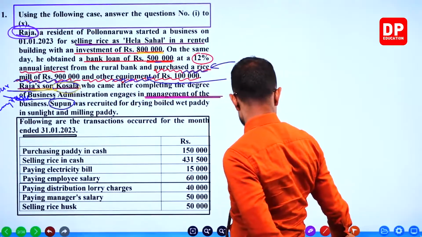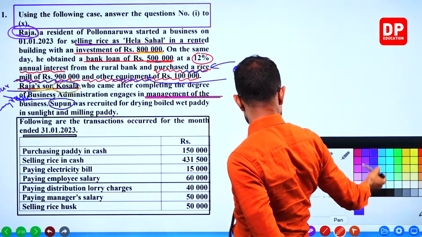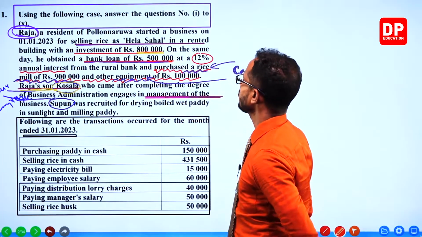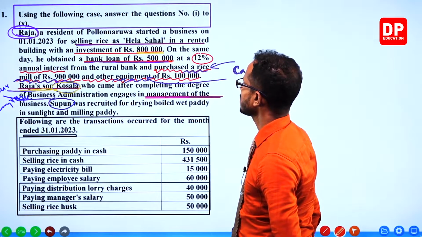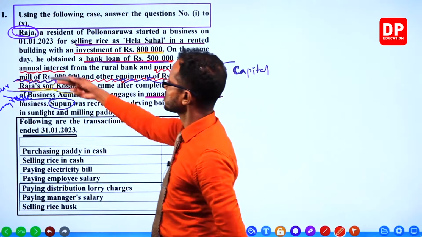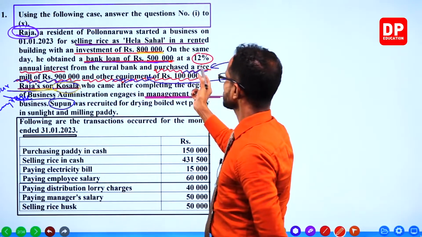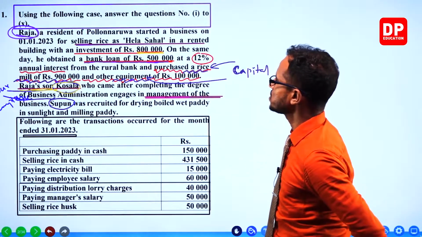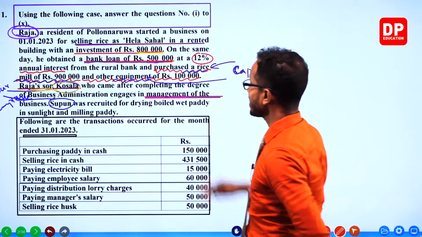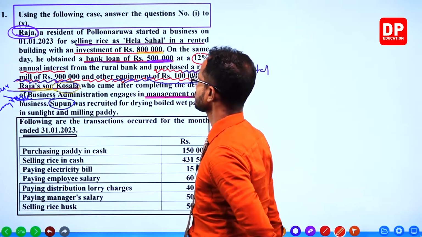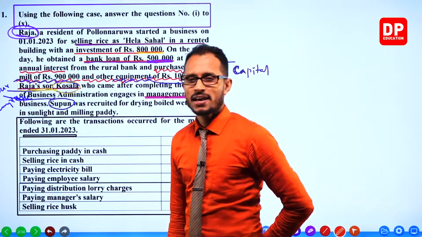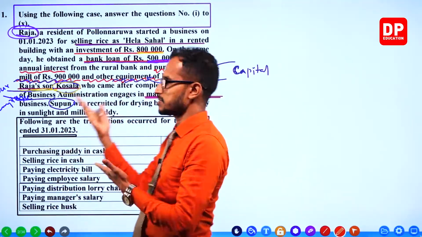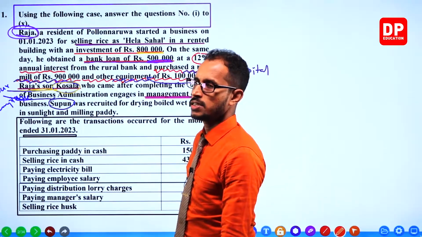Oh, it's here. Bank loan of 500,000 at a 12% annual interest from the rural bank and purchased a rice mill 900,000. He got cash 500,000 as a bank loan. So bank loan is a liability. Liabilities increase because he took a loan.